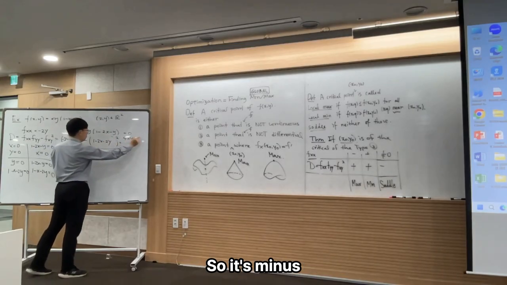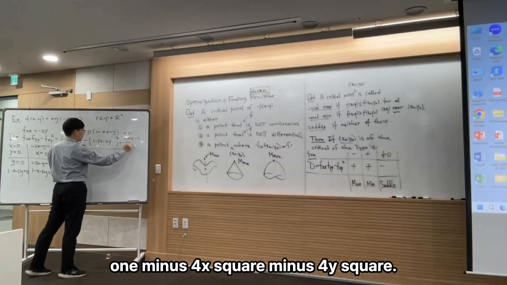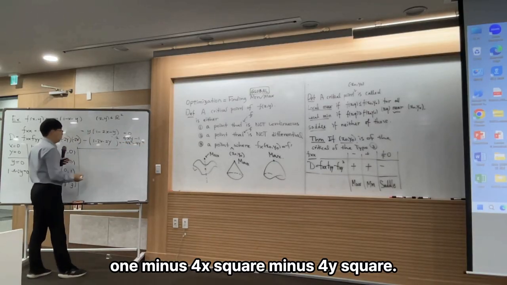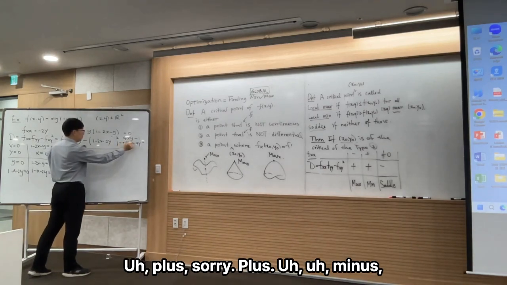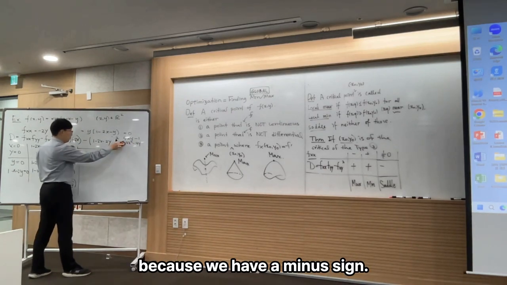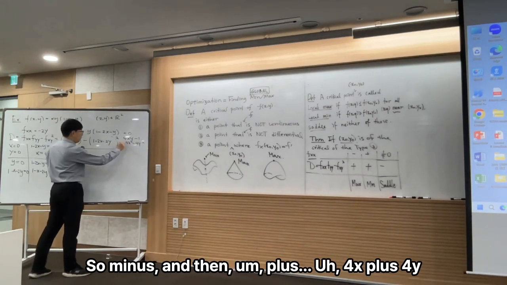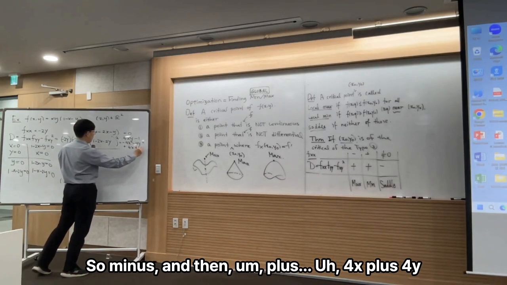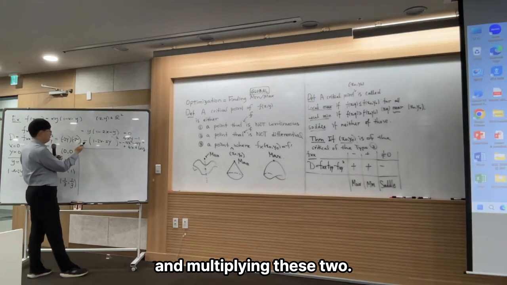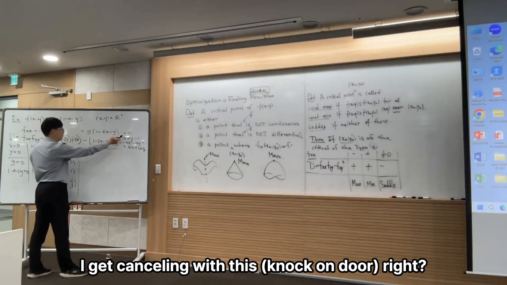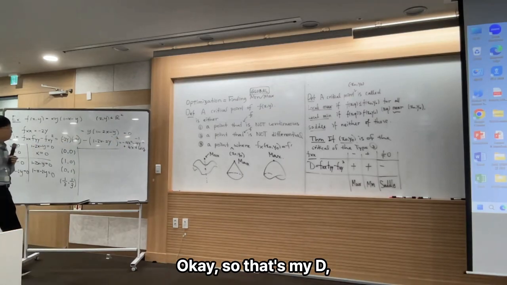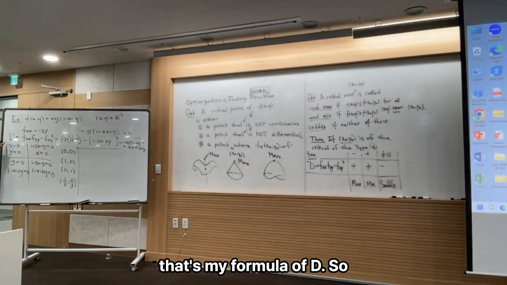So it's minus 1 minus 4x squared minus 4y squared, and then plus 4x plus 4y. And multiplying these two, I get cancelling with this. Okay, so that's my D. That's my formula for D.